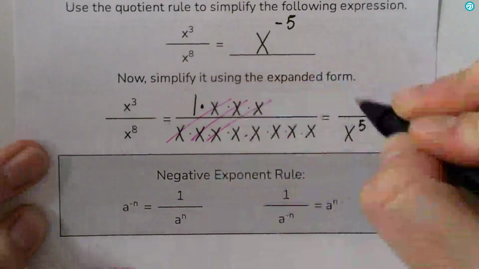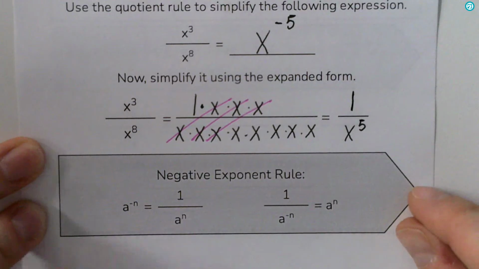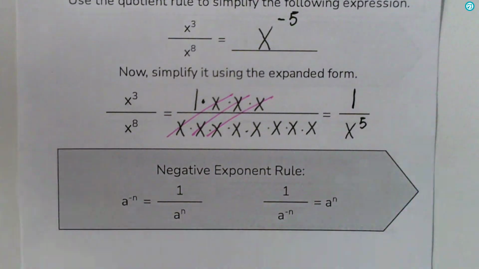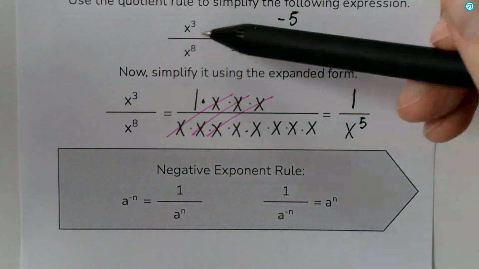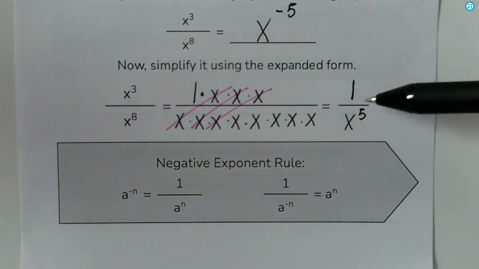So we are going to put a 1 on the top of our fraction as a placeholder. We don't want to put a 0 because 0 times x times x times x would have just been 0 on top. X to the third is the same thing as 1x to the third. So anytime you need to add something in as a placeholder, you'll add in a 1, not a 0. Okay, so that means this and this are the same thing.